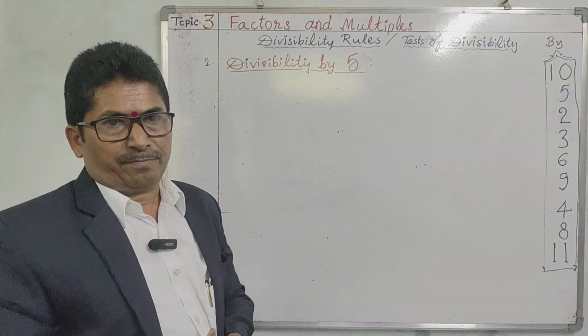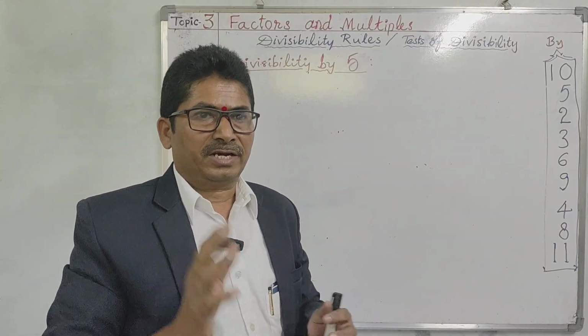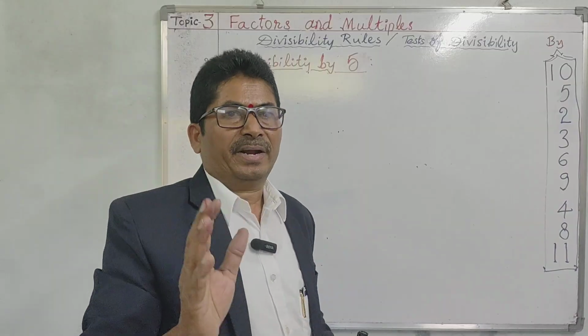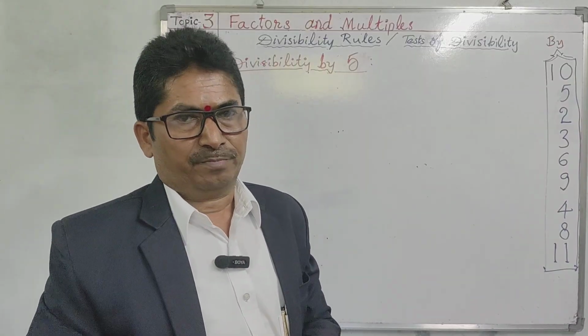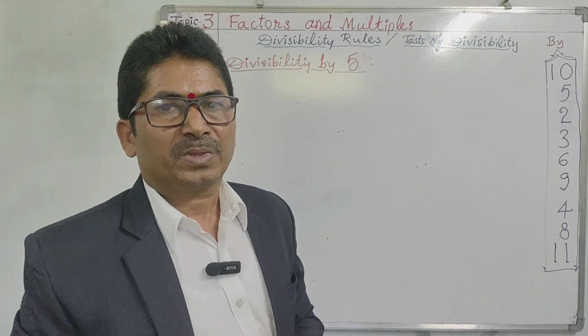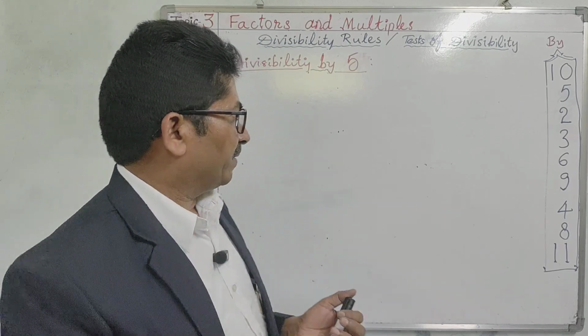Next, second one, divisibility by 5. What is the divisibility rule of 5? If a number has 0 or 5 in ones place, then the number is exactly divisible by 5.